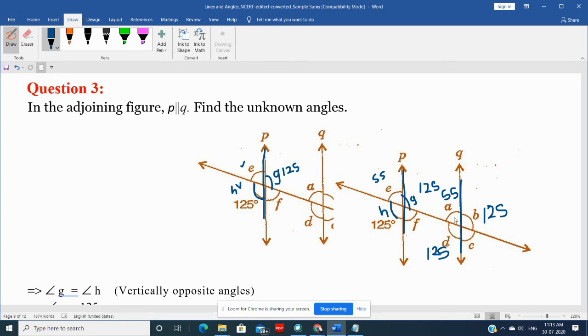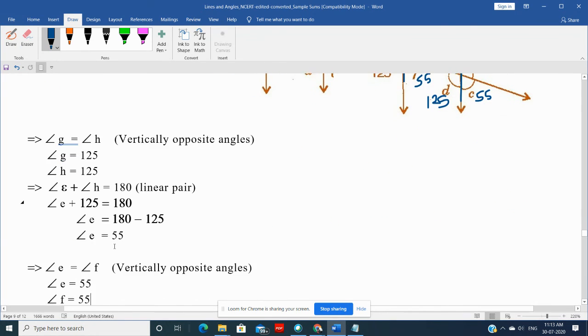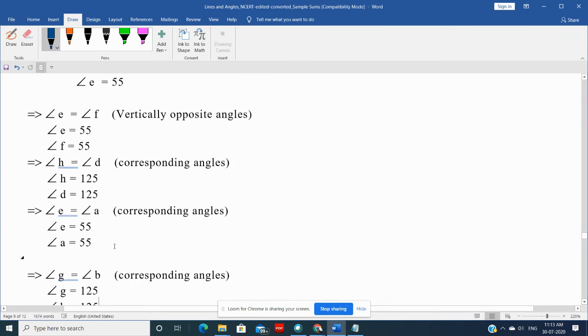See, this 55, 55, 125, 125. Similarly, 125, 125, we know that this is vertically opposite angle, so this is also 55. Okay, this is your 55. Because F and C are corresponding angles, they are also same. So we can write this down, that F and C are corresponding angles, so they are same. If F is 55, then C is also 55.